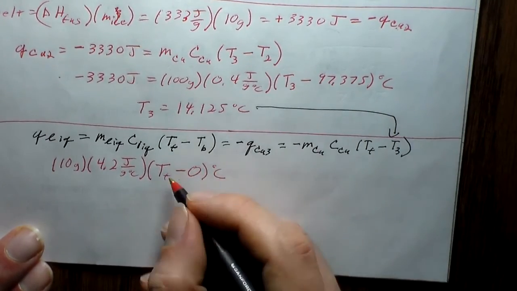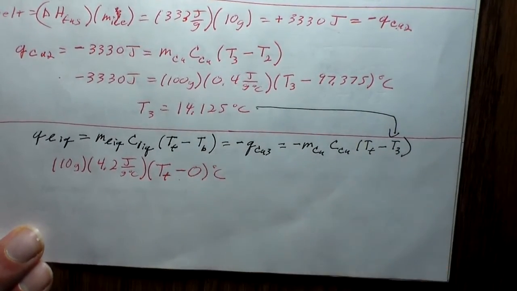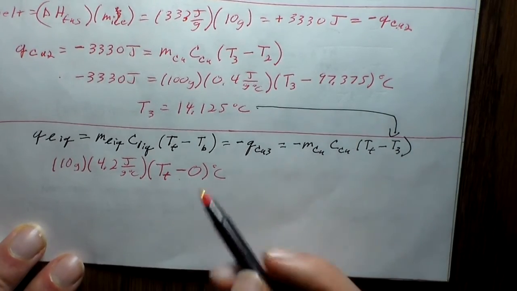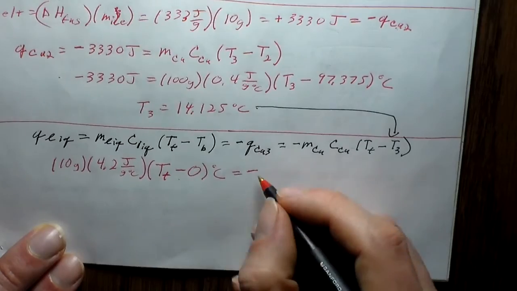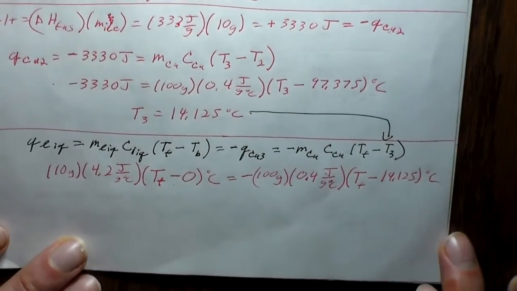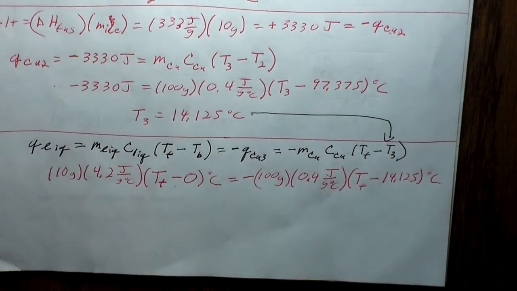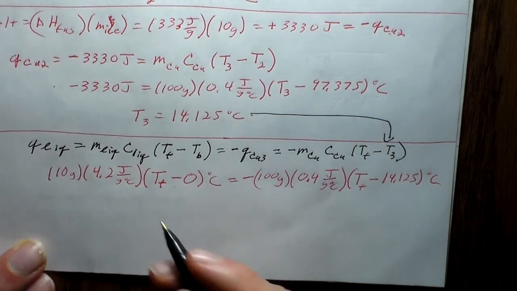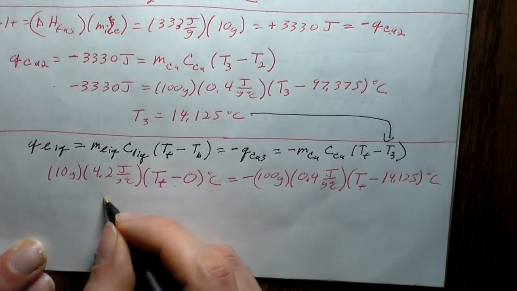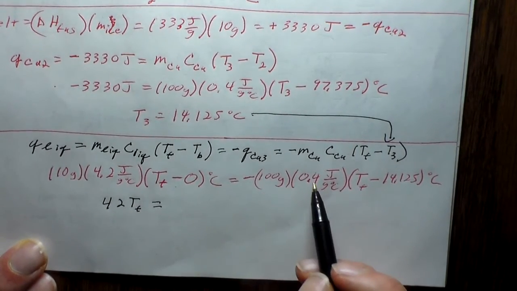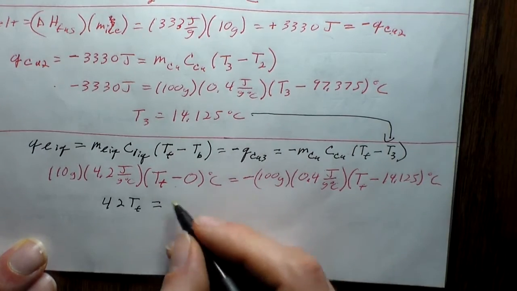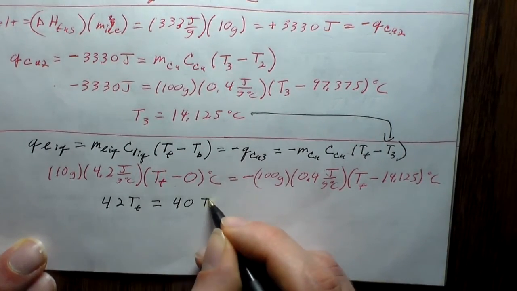So the final temperature is going to be the same on both sides, because that's where we're going to find our equilibrium. And then 0, because of course that was just cold water. And watching our negative sign in there. Okay, and then it's just a matter of solving for TF. This is the part that sometimes people get hung up on. So obviously this is just going to work out to be 42 TF is equal to now 100 times 0.4 is equal to 40 TF.